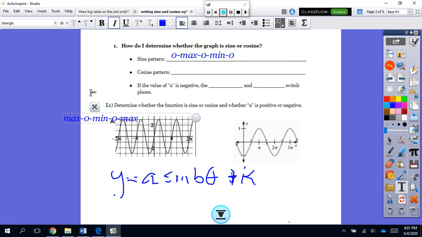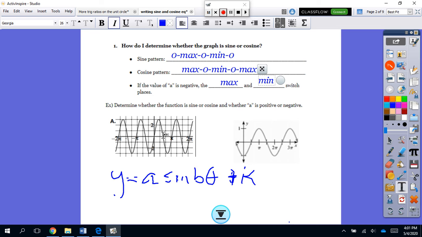Now don't forget, if a, that number in front, is negative, that a tells us two things. A negative function always reflects over the x-axis, and a also tells us the amplitude. So we're talking about the value of the sine. If a is negative, the max and min switch.